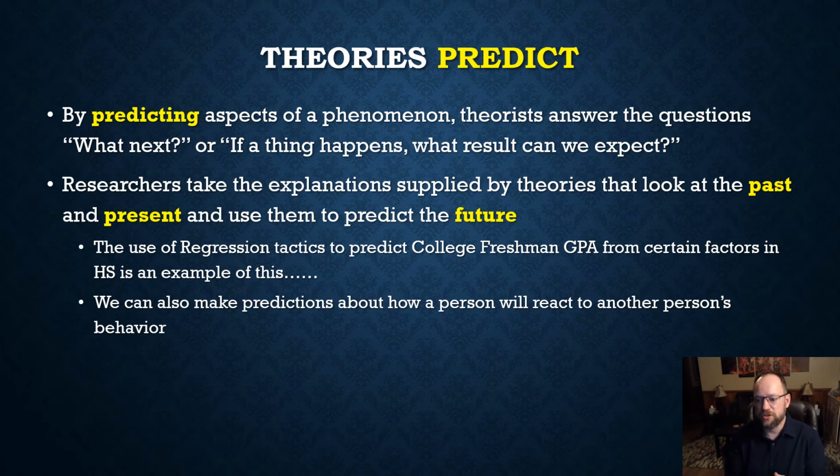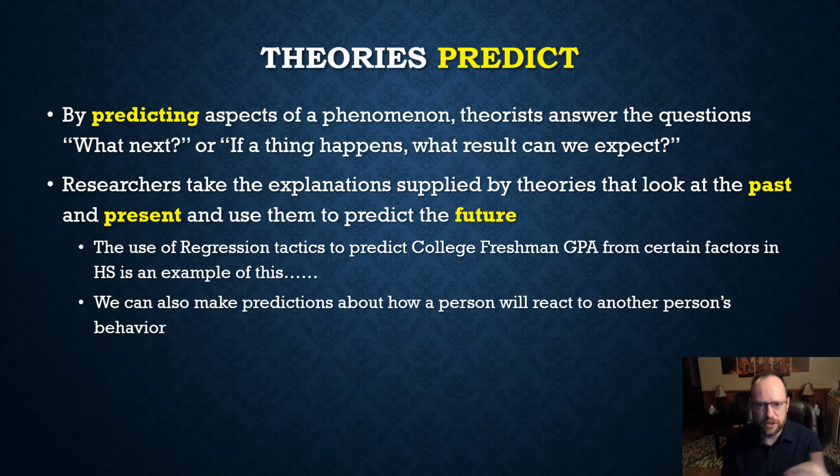Researchers take the explanations supplied by past and present research and apply it to the future. I have this example here, which is less about behavior and more about prediction. Colleges often, for their entrance applications, use an algorithm.